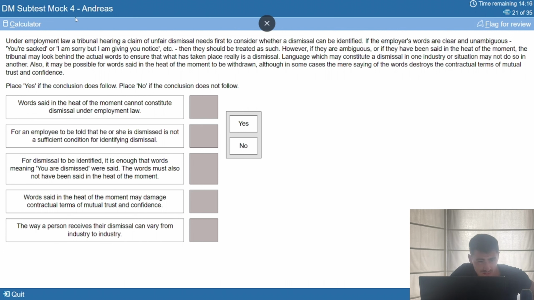Okay, I don't get what I'm reading, so I'm gonna read it a bit slower.